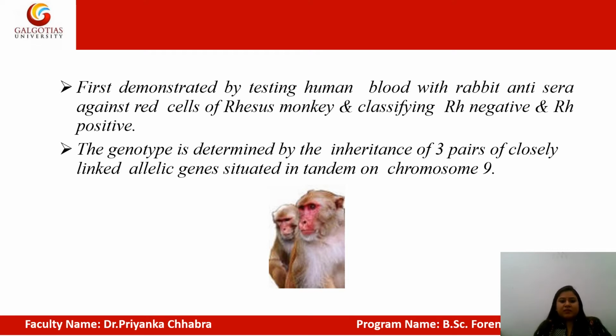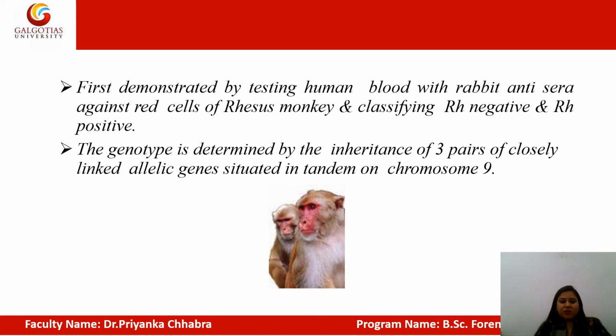So there is something common between the rhesus monkey and human RBCs. All the RBCs where agglutination with antisera takes place are known as having the Rh antigen, or Rh positive. People who do not show any reactivity with the antisera are known as Rh negative.